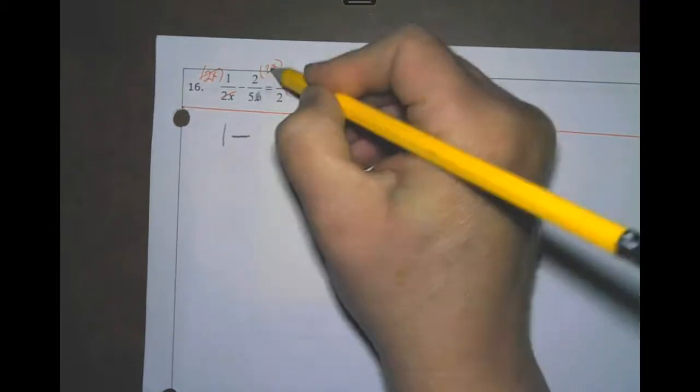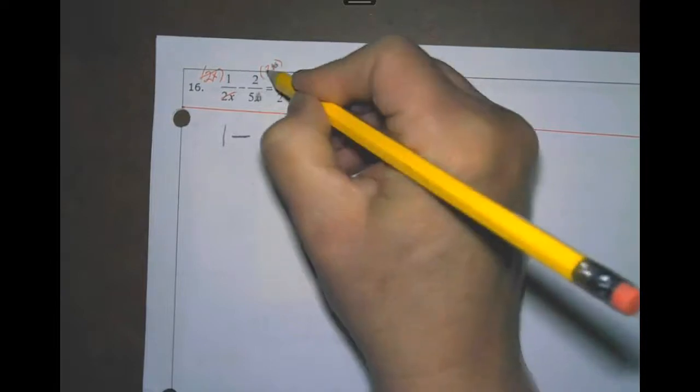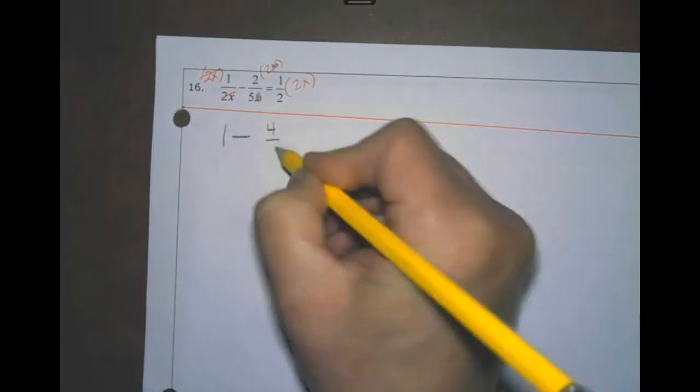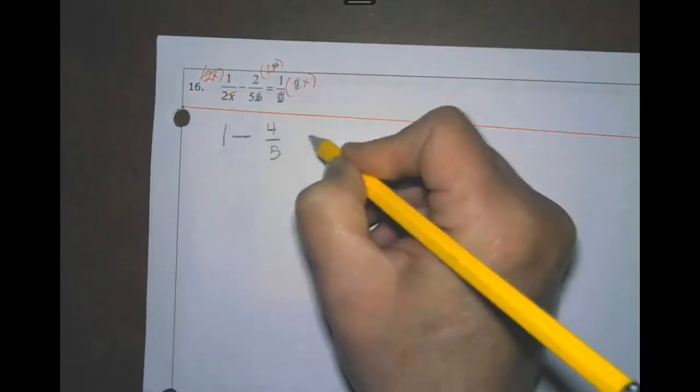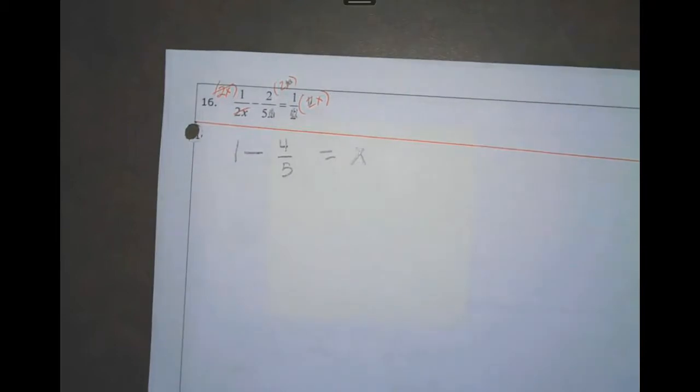This x cancels that x, and 2 times 2 is 4 over 5. This 2 cancels that 2, so that would be equal to x.